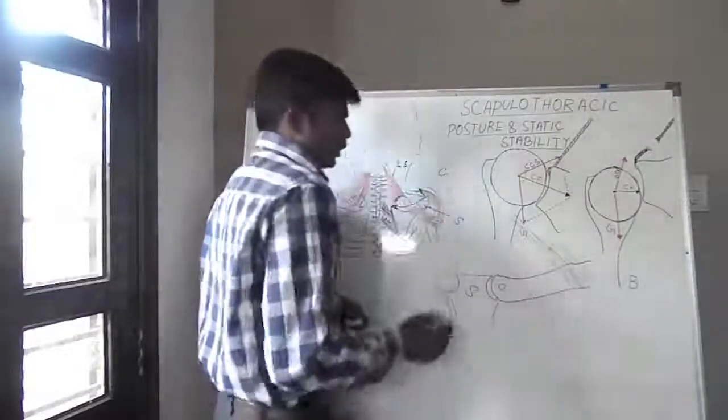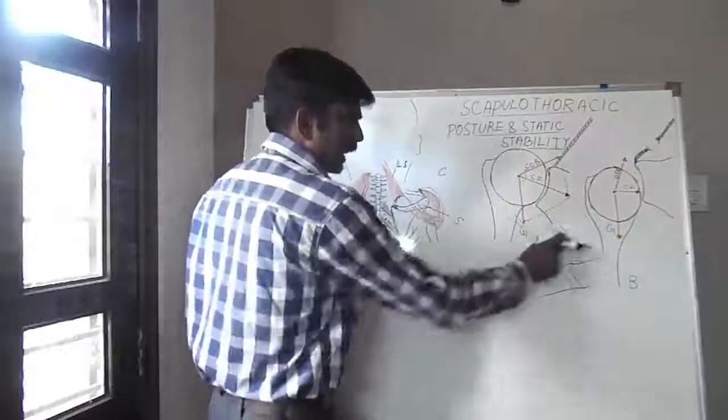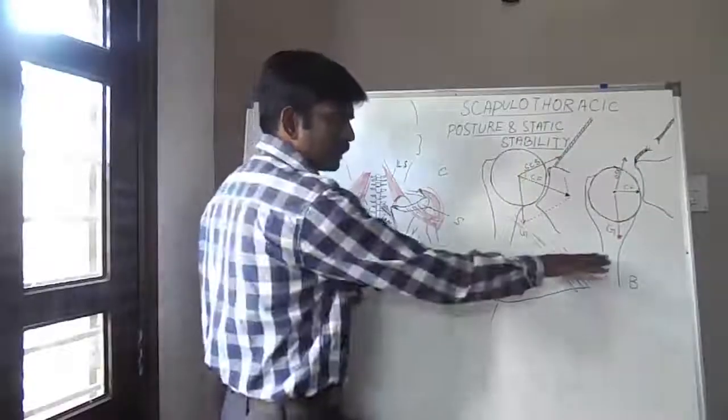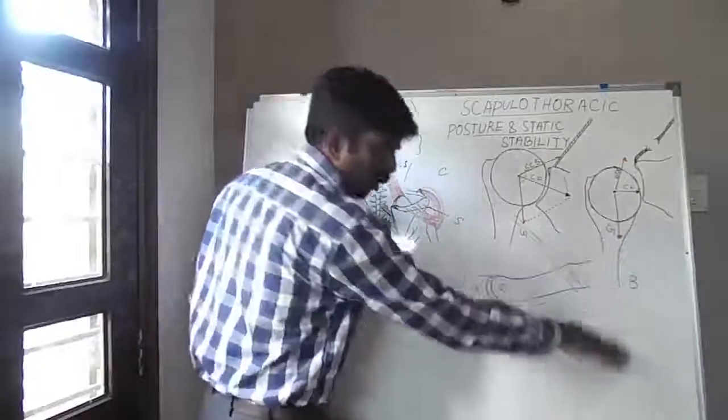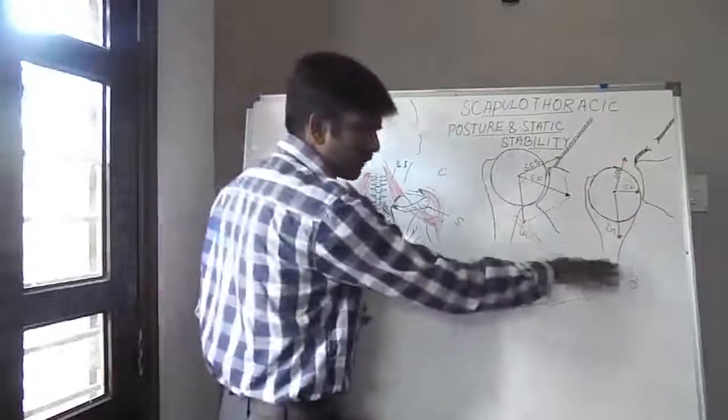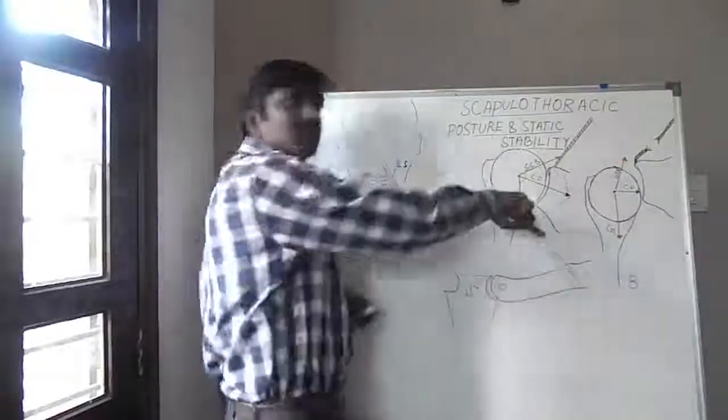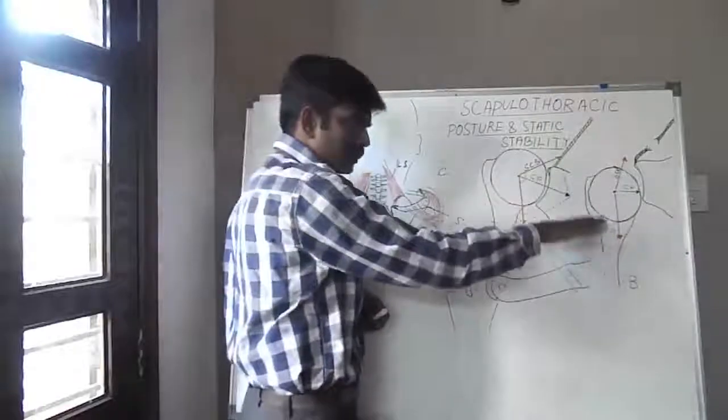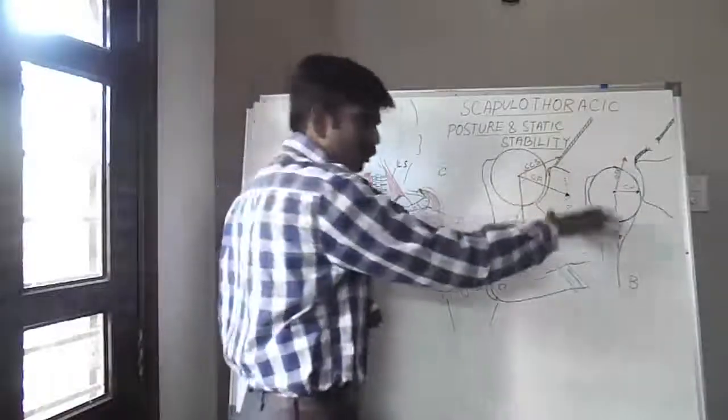Clear? So if this muscle is paralyzed, then what will happen? The lateral end of the clavicle will drop, along with the acromion process and the scapula.